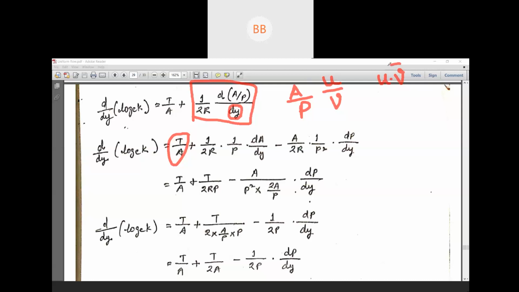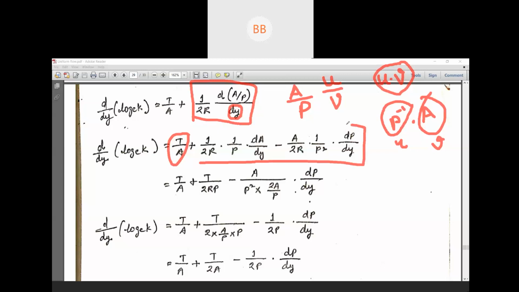Or if you want to use the expression u multiplied by v, then you have to take P to the power minus 1 multiplied by area. P to the power minus 1 and area. Then you can take this as u and this will be v. So any one of you can do this and find it out.